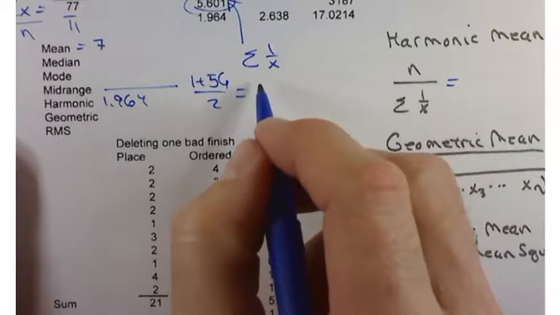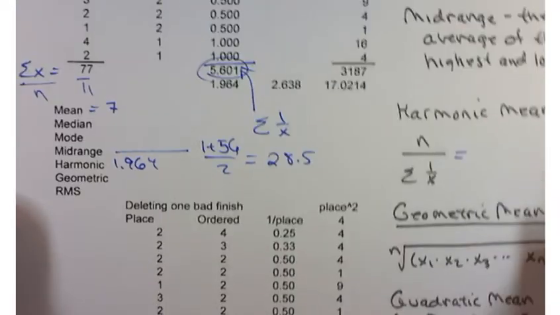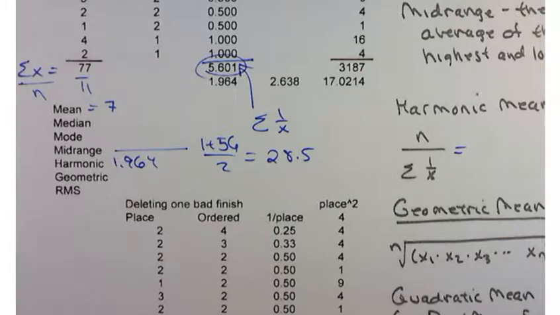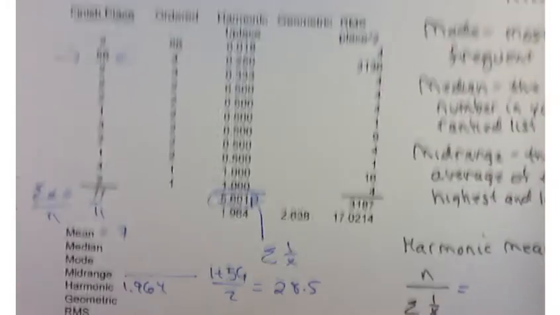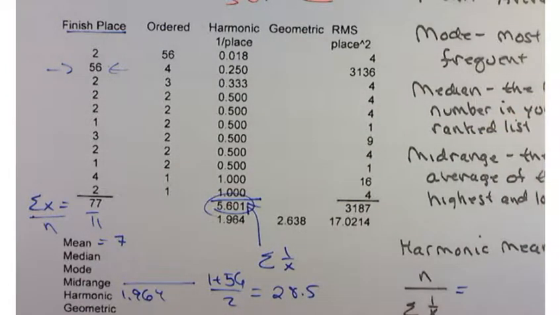Yeah, 57 divided by 2 is 28.5. How do you think the mid-range does? Is that representative of your data? No. Mid-range is horrible. The problem with the mid-range is that it's sensitive to outlying values on either end. If you had an extreme value that's high, extreme value low, or both, it's going to be sensitive to both. So I don't like the mid-range at all.